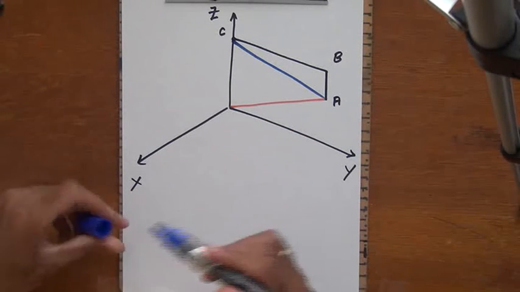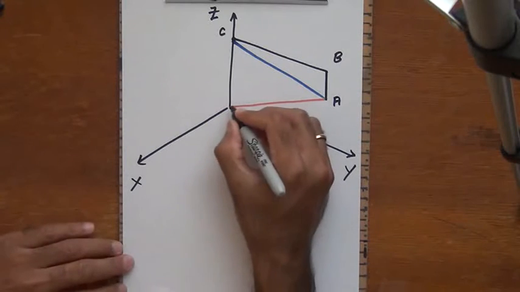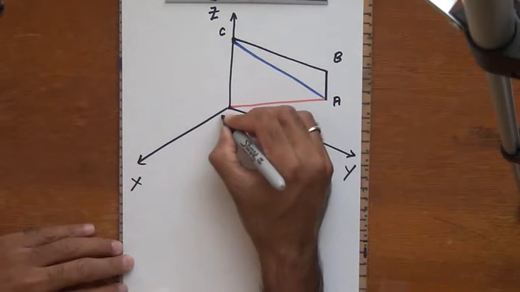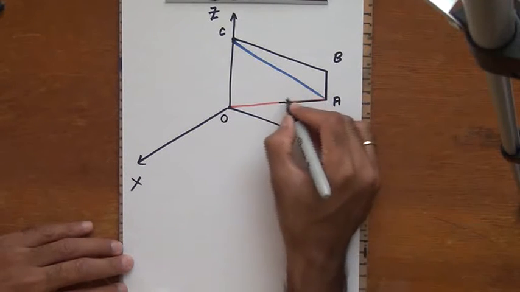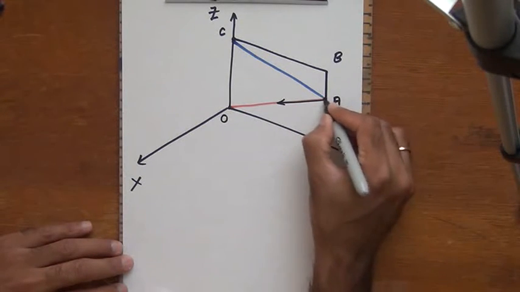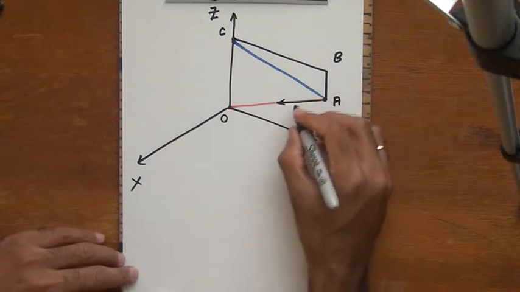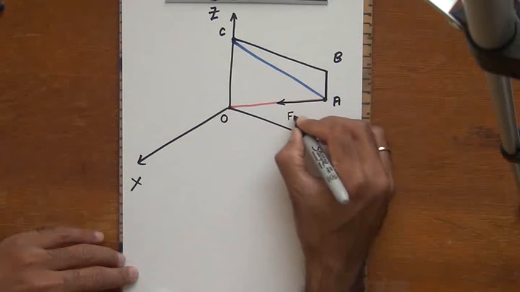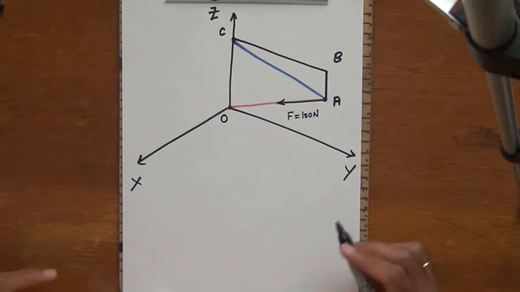Then I have a force vector which is pointing from the point A to the point O. So O is the origin of the coordinate system. So I have this force vector here. Let me assume that the tail of this force vector is starting at the point A, and this force vector has a magnitude of 100 newtons. Now what do I need to find?